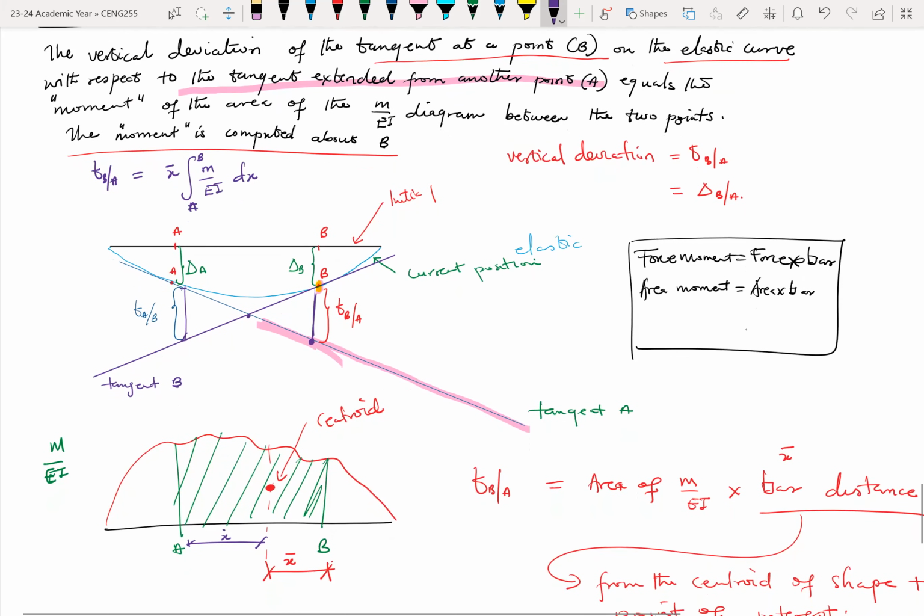The entire theorem can just be written as a mathematical equation. So take a note of that right here. And with this, we take moment about B.